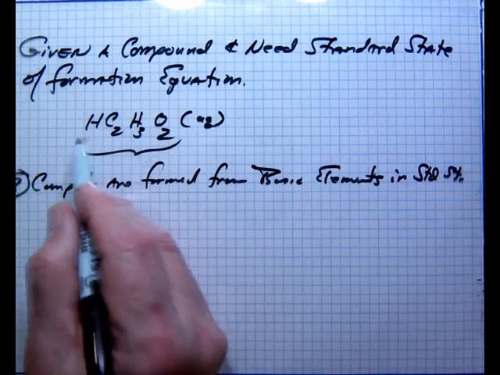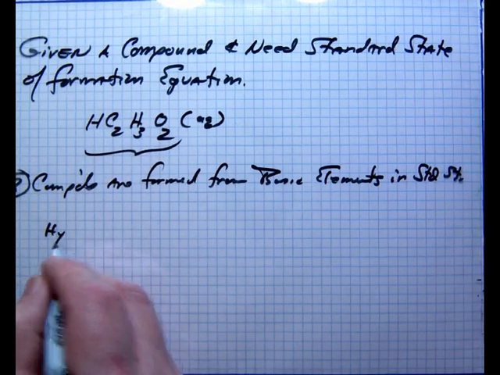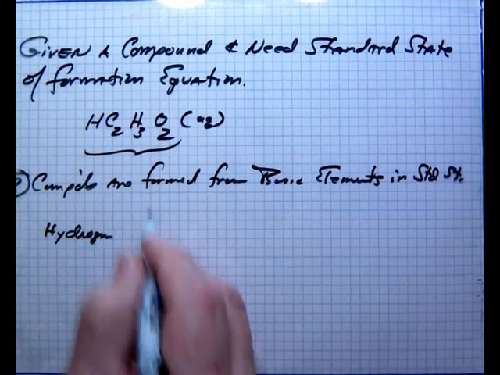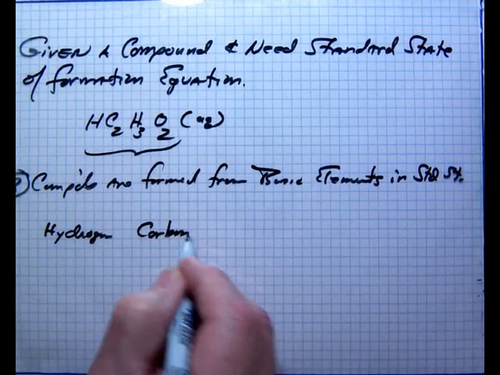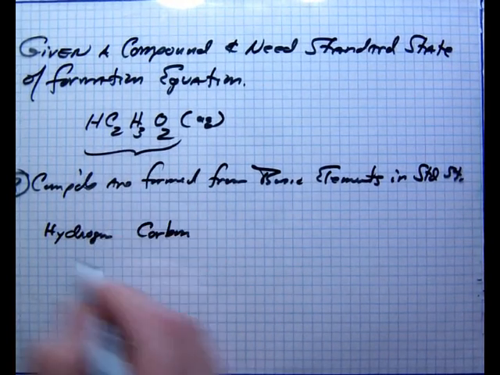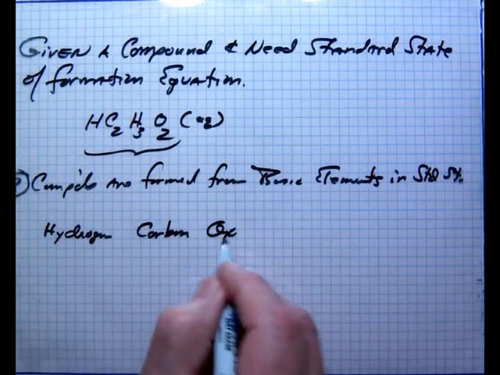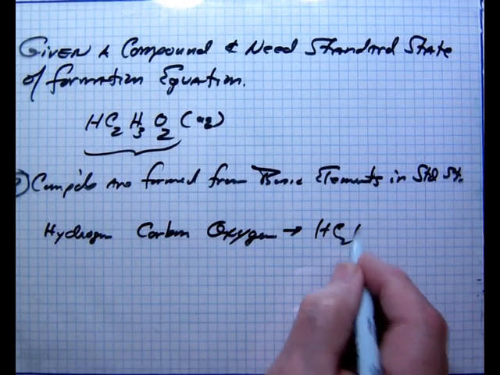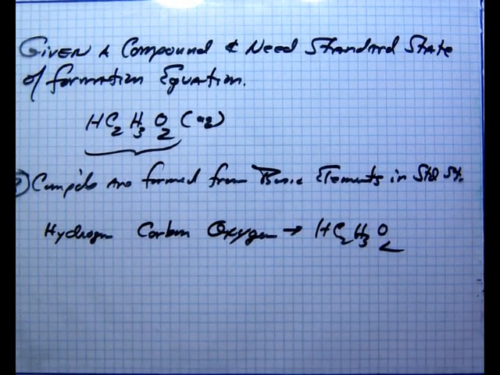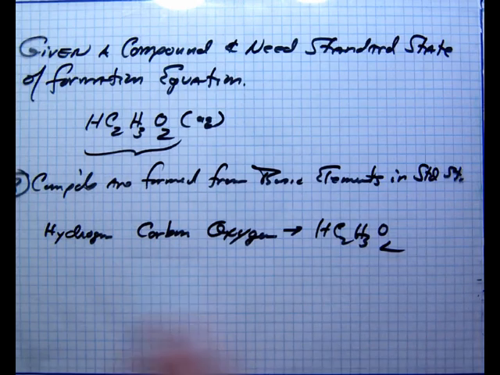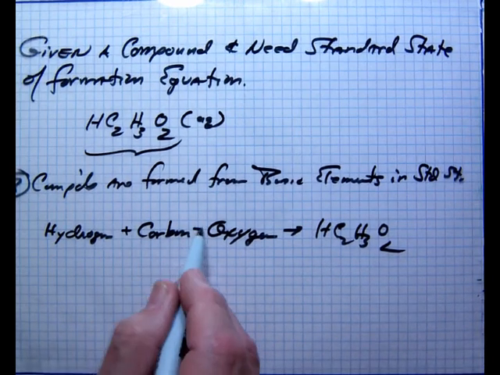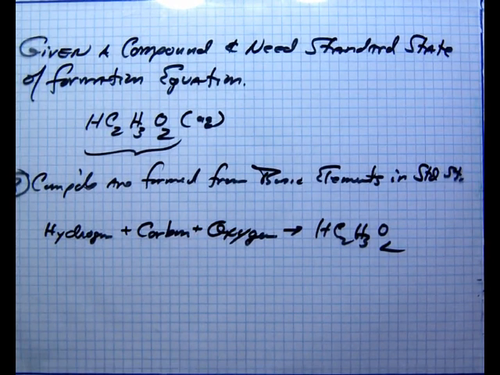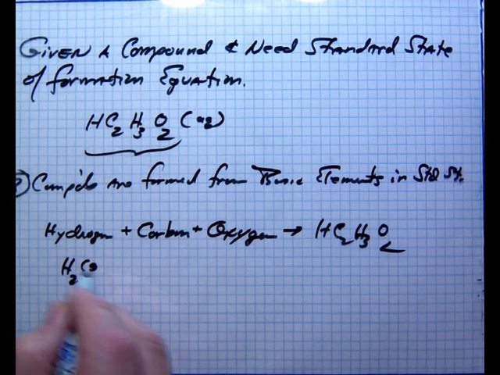Now, what is this formed from? Hydrogen, carbon, there's some more hydrogen, I'll leave that right there, and oxygen. Yields the HC2H3O2. When we write a formation of a compound from basic elements in standard state, we put the basic elements in standard state. We look up hydrogen, oxygen, carbon. Hydrogen in standard state is H2.